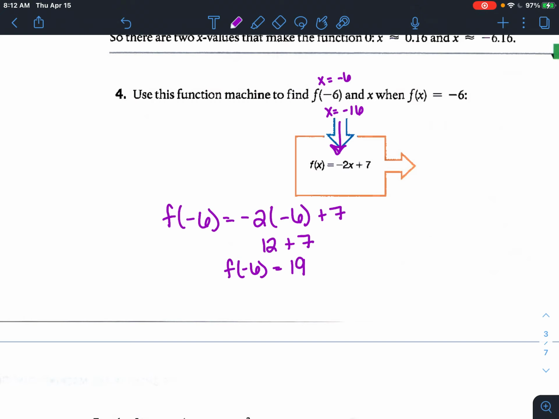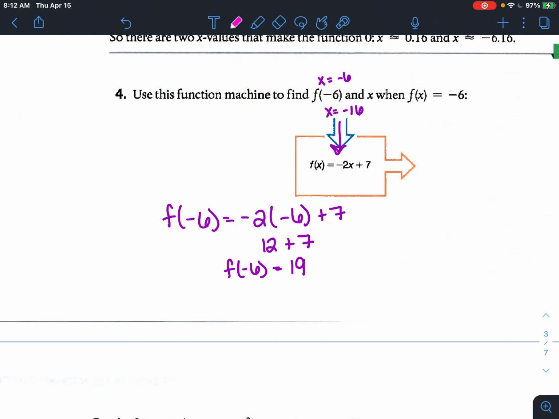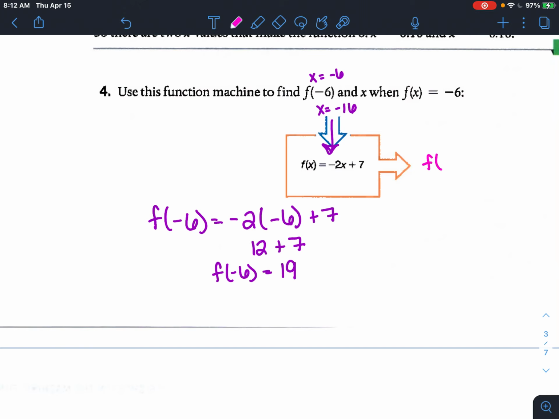Okay, and totally separate, what's the value of x when f of x equals negative 6? So for this one, I'm working backwards. f of x equals negative 6. So I'm plugging this in right here.